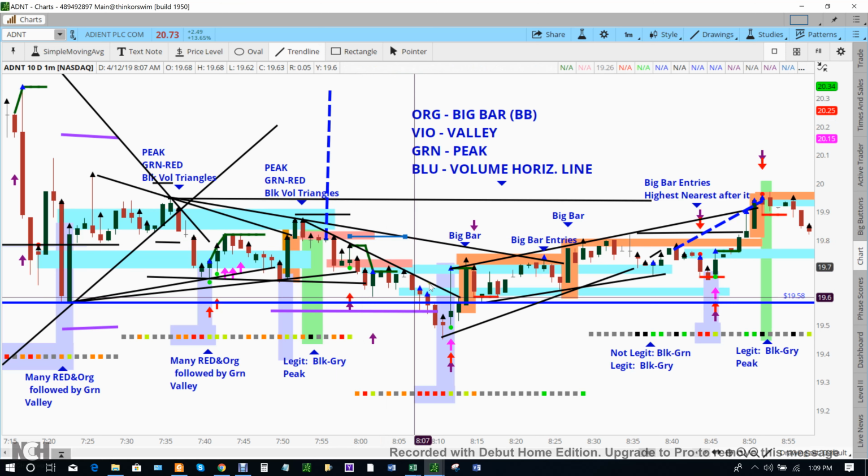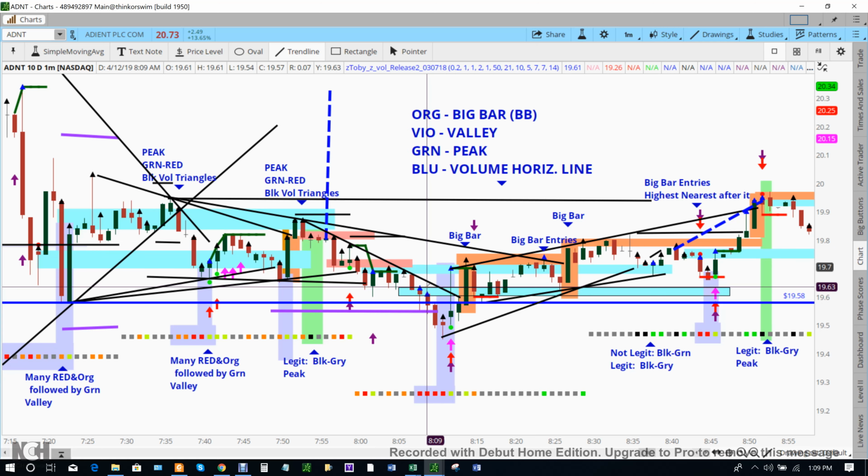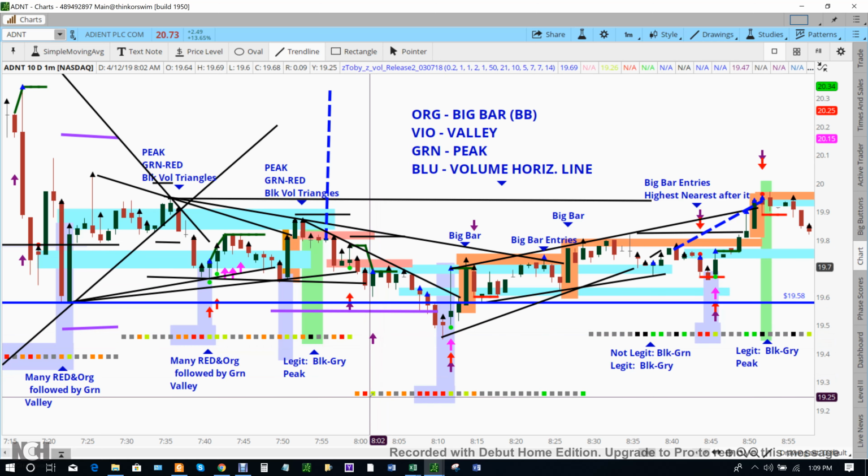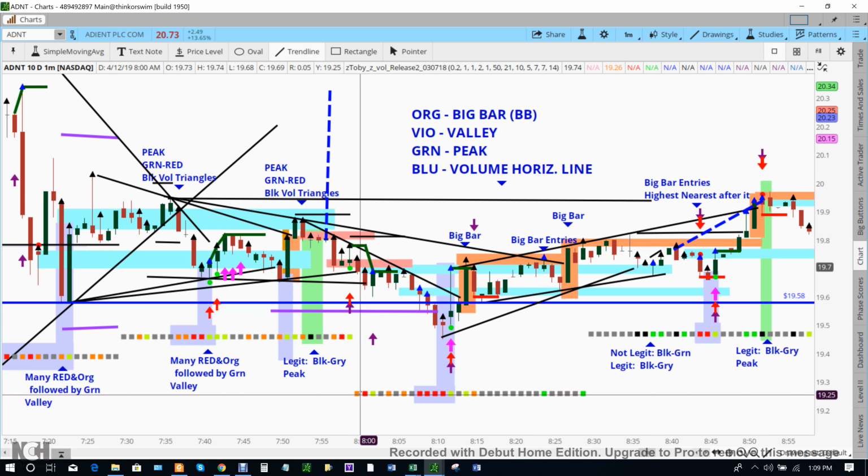So if it shoots up, we've made a zero. We haven't won, we haven't lost, so it's okay. But we want to give it a chance to go back down. And I also want to point out that we're only having two. This isn't a really strong valley because it's only two, orange or red, only two of them, and then a green.